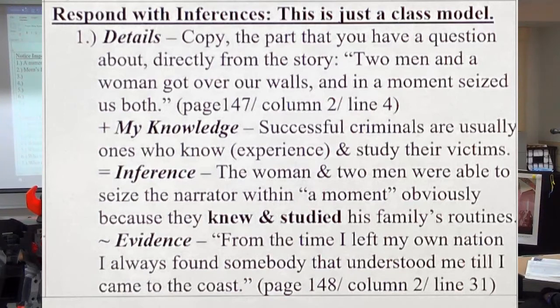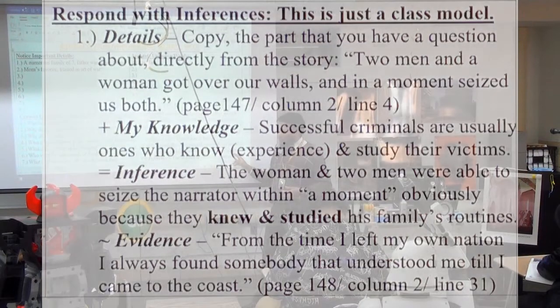But what we said is that successful criminals are usually ones who know from experience, and they study their victims. Okay, so you should have that on your paper under the details. Plus my knowledge should look just like this. Plus my knowledge. Successful criminals are usually ones who know from experience, and they study their victims.